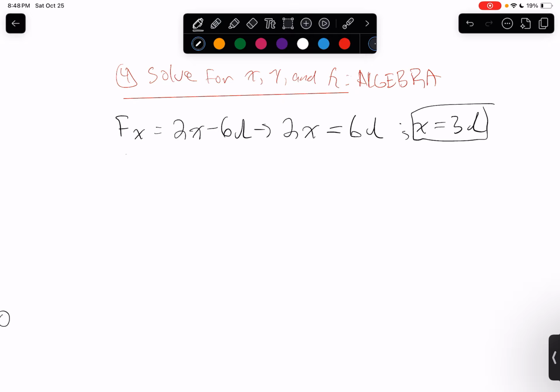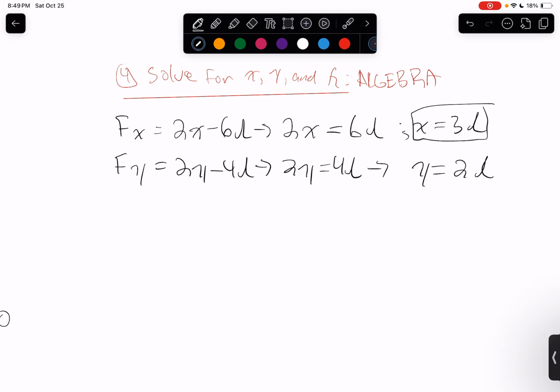And we're going to do the same thing for capital Fy. Fy is going to equal 2y minus 4 lambda, which in turn is going to go to 2y equals 4 lambda, which then equates to y equals 2 lambda. And this is simple algebra that I know you guys could do.